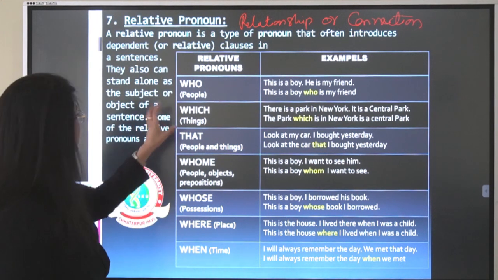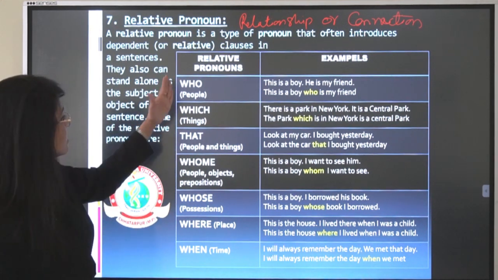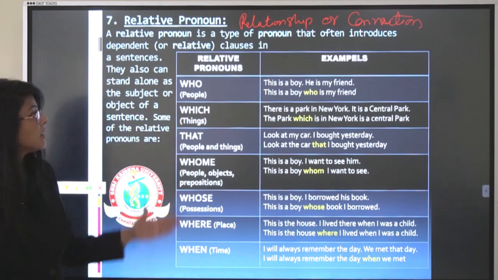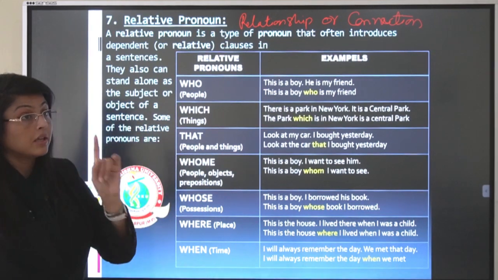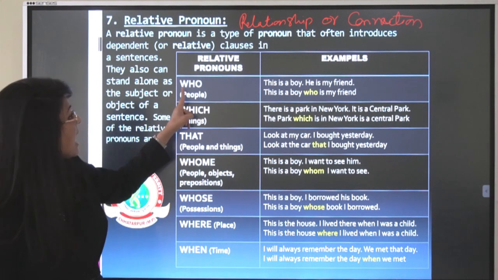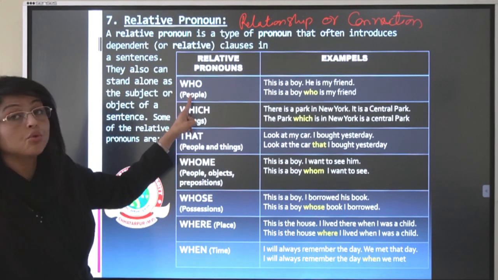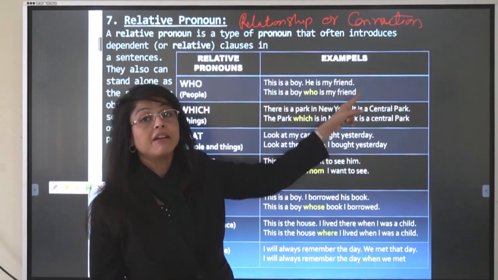Okay, similarly, the same thing is being explained here. Some of the relative pronouns are, as you see, the same question, interrogative words, right? The WH questions are now functioning as relative pronouns. Who, generally for people. This is a boy, he is my friend.